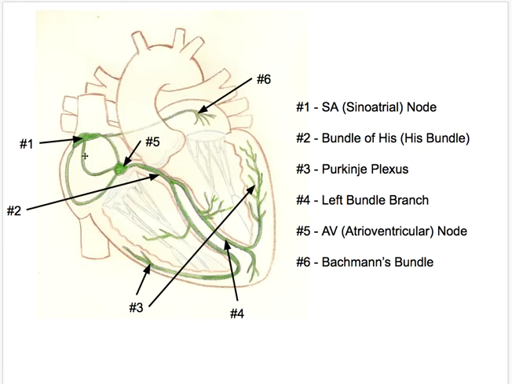So I'm going to start up here with number one. This is called the SA, or the Sinoatrial Node. Let me grab a color here. I'm going to do blue. That'll probably stand out. So the Sinoatrial Node is a bundle of heart muscle. I wouldn't necessarily say it's nervous tissue, but it's specialized heart tissue that will regulate heartbeat.